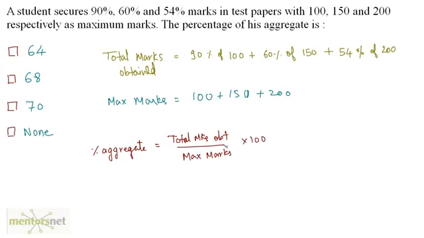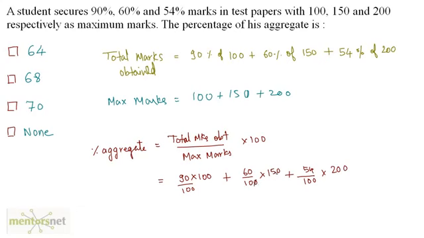This is how you calculate any percentage. Now this is equal to 90% of 100 is 90, times 100, divided by 100 plus 60% of 150, so 60 by 100 times 150, plus 54 by 100 times 200, right?